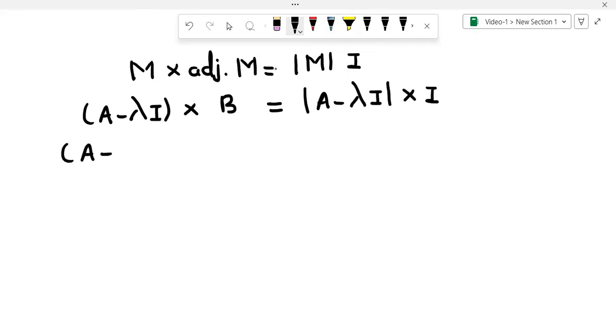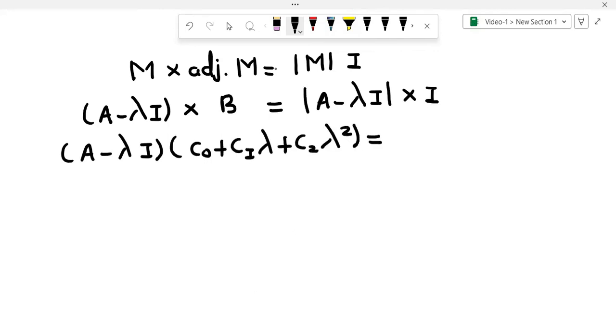Instead of B, from equation 2, I can put C0 plus C1 lambda plus C2 lambda squared, equals, from equation 1, P0 plus P1 lambda plus P2 lambda squared minus lambda cubed, times the identity matrix.